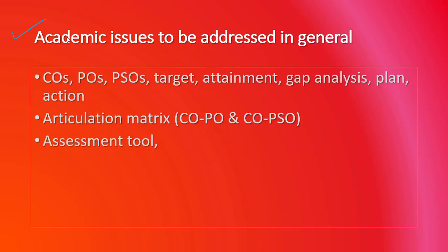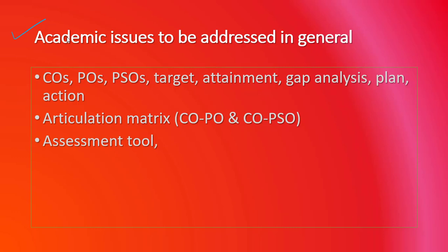The audit team should address issues like CO, PO and PSO, their target level, attainment level, gap analysis, action plan and implementation. They will also check the CO and PO, PSO metrics.